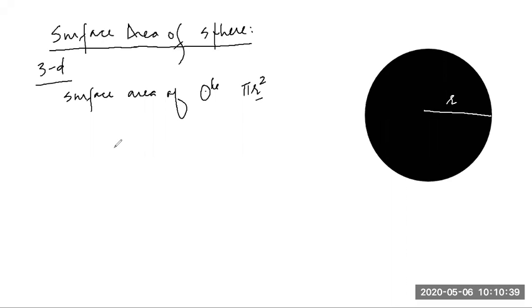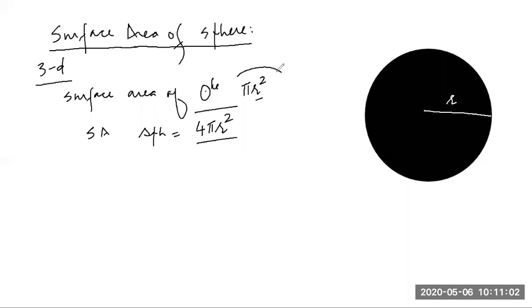So, the surface area of a sphere, guys, if you remember, is basically 4 times this area. So I'll say the surface area of a sphere is 4 pi r square, of the sphere which has the same radius r as this circle.